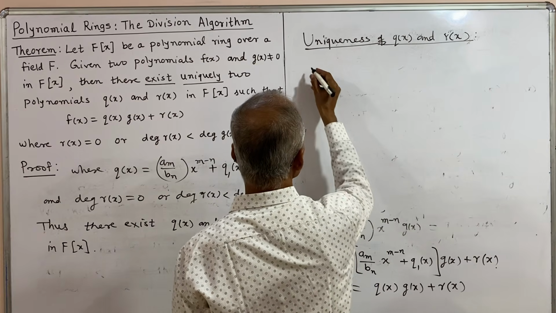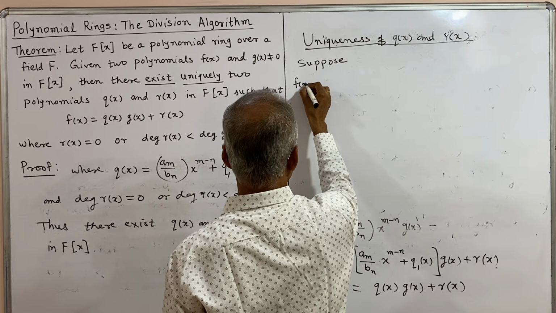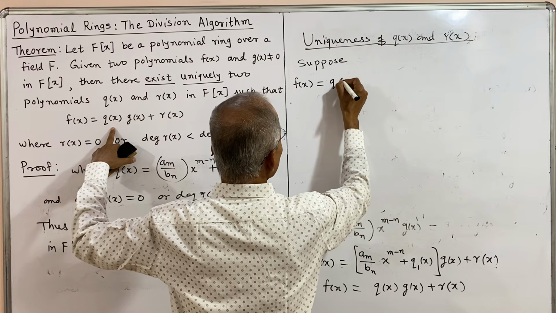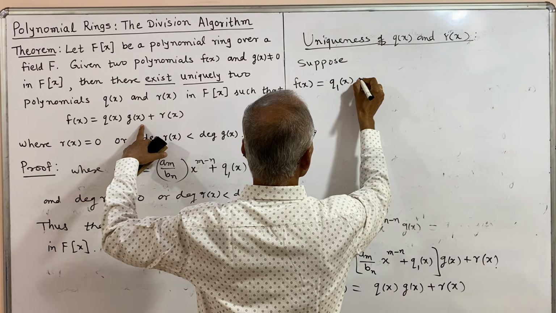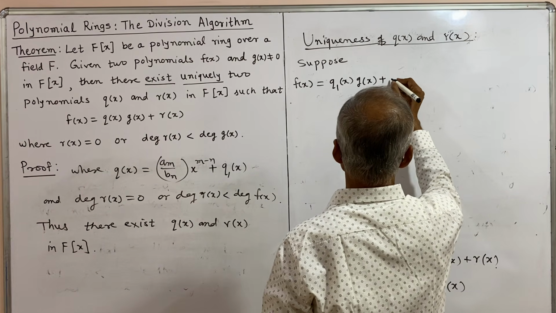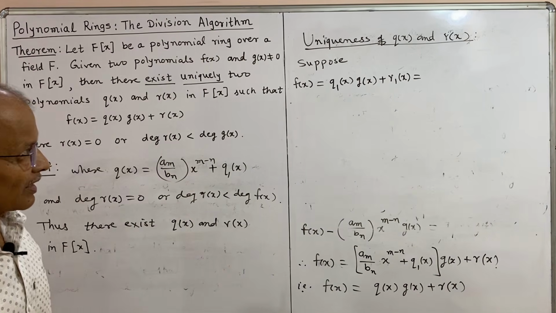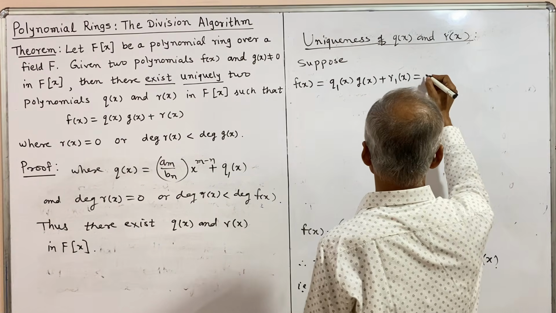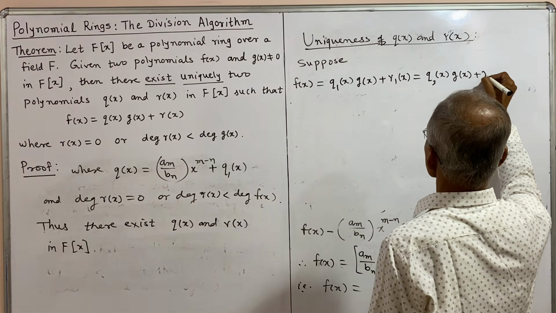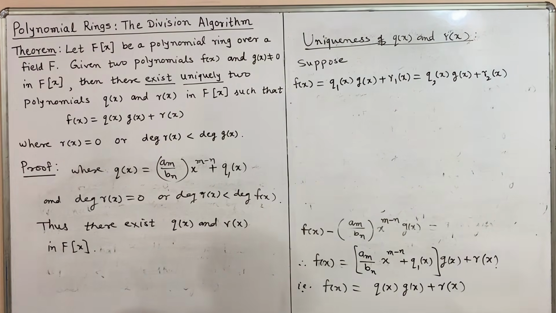Suppose, and we shall write directly like this: f of x is equal to q1 of x into g of x plus r1 of x, and this is equal to, second case we shall write as, q2 of x into g of x plus r2 of x, where we are satisfying the theorem.